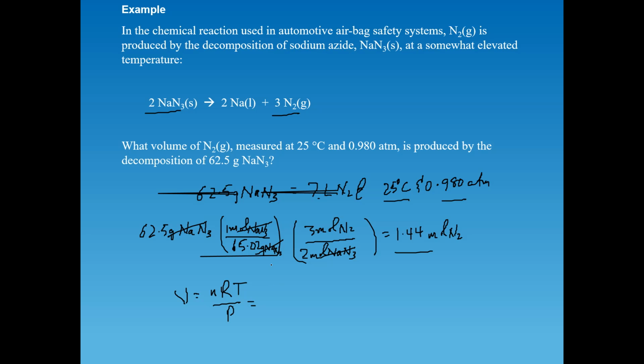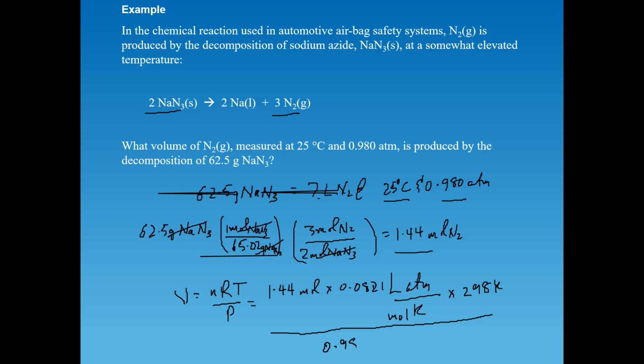The moles of nitrogen would be 1.44 moles times R, which is 0.0821 liter atmospheres per mole Kelvin, times the temperature, which is 25 degrees that we have to convert to Kelvin, so that becomes 298 Kelvin, all divided by the pressure, which is 0.980 atmospheres.